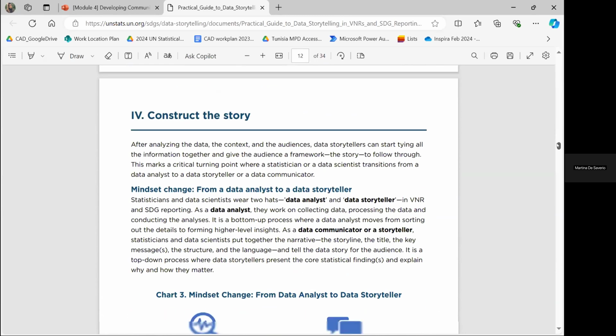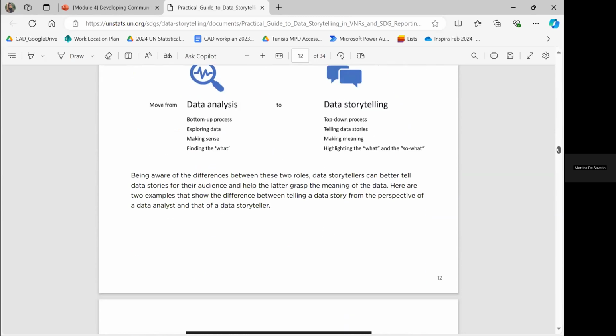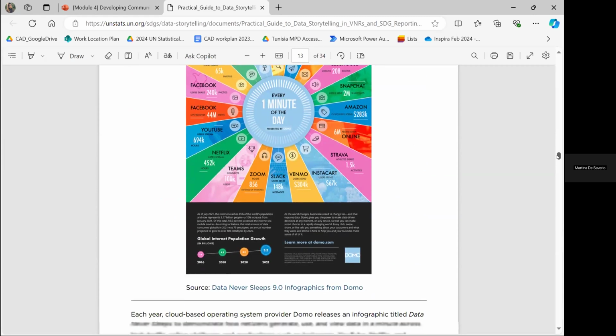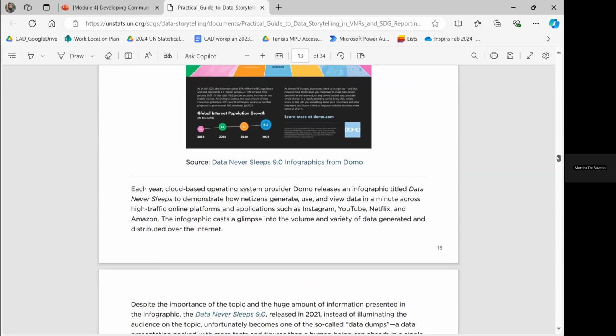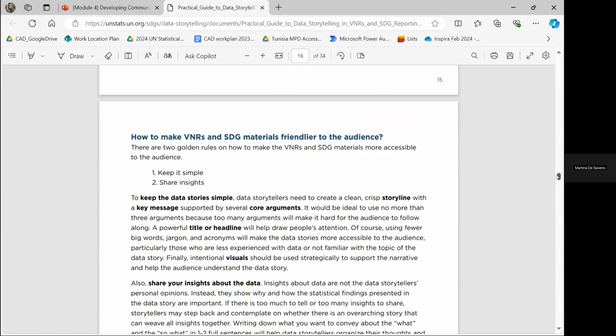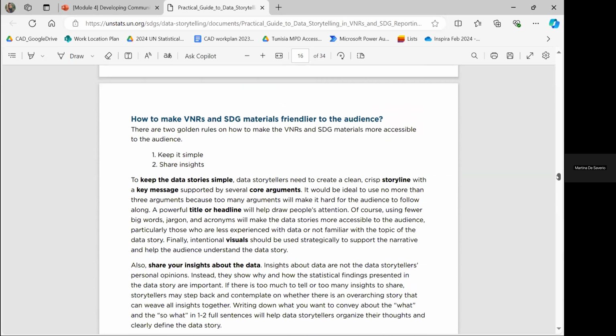You have the steps to construct your story. This is what Nicolas presented. You have examples of what is a good story and what is not a good story. What matters for the audience and what doesn't matter. And yes, there is a guide on how to make these materials friendlier to the audience.